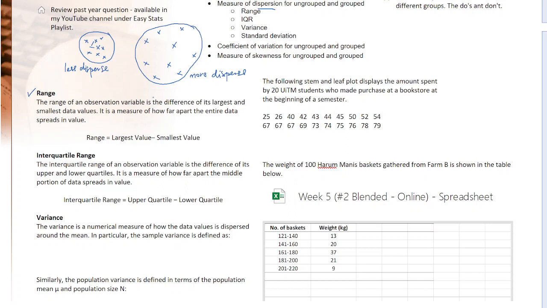In this sense, we just need to locate the largest value and the smallest value. For example, suppose that you have this data set. This is not a stem and leaf, because this one is actually the actual question, they give you the stem and leaf.